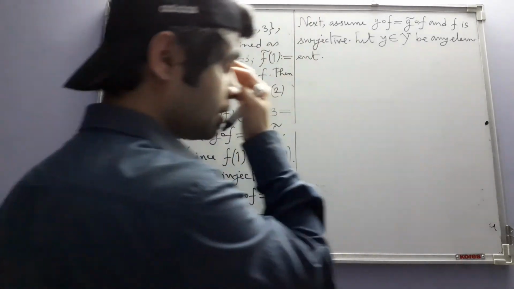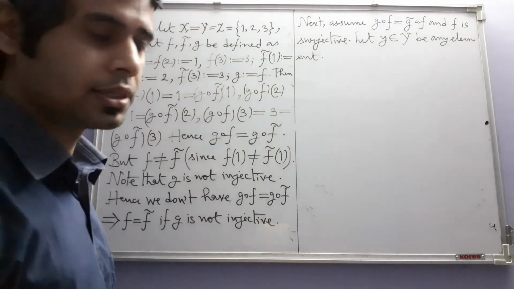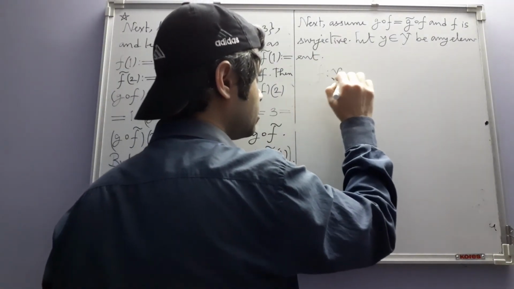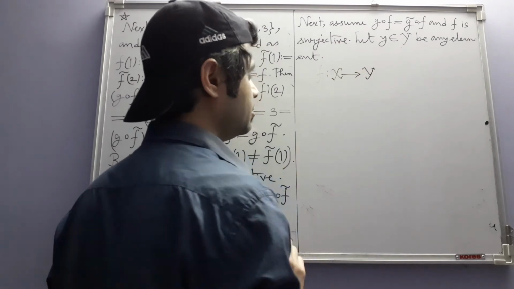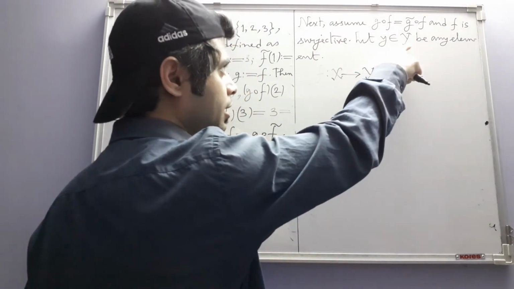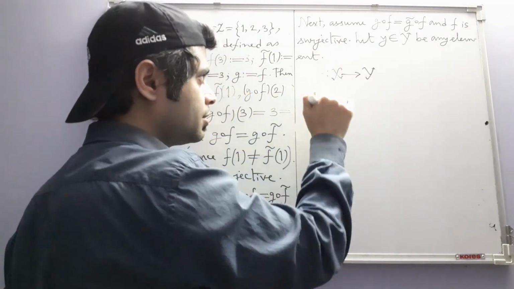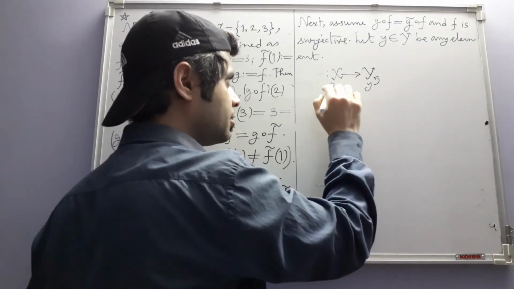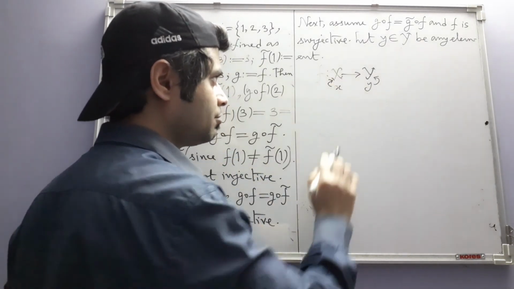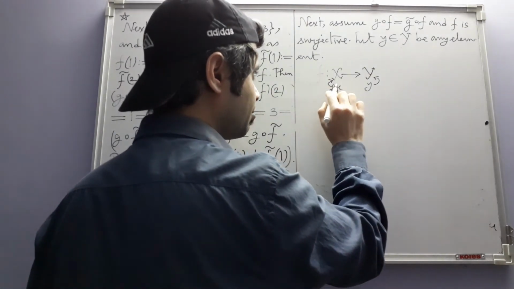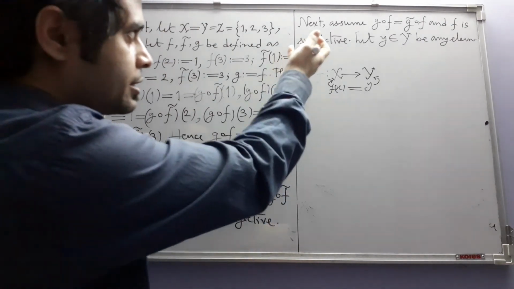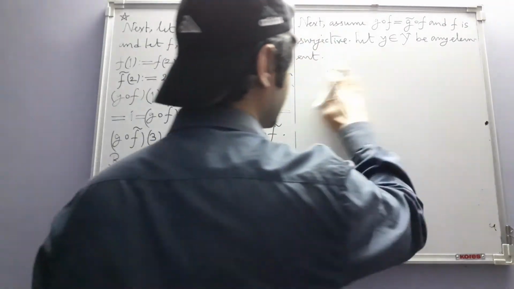Okay, now we use the fact that F is surjective and F has domain X and range Y. So since y is an element in the range of F, there will be one point in the domain of F which F maps onto this point, because that's what surjectivity means.